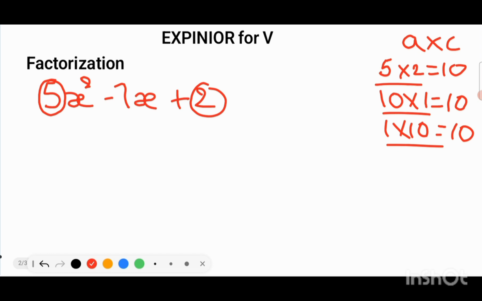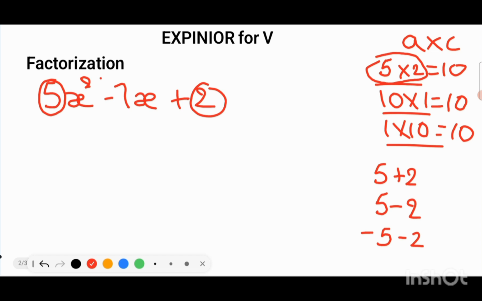Now first we'll take the first pair. You either have to add them or subtract them, or take them to the stage of integers, I mean negative.